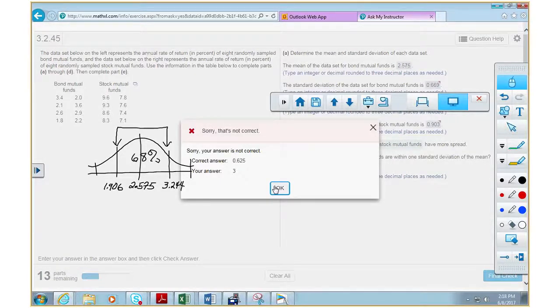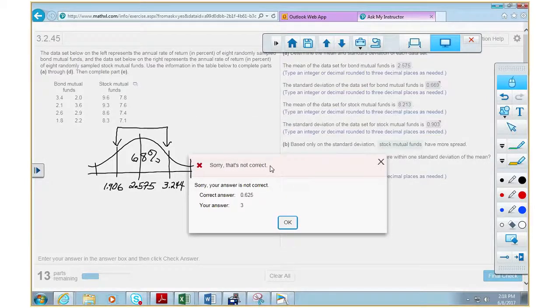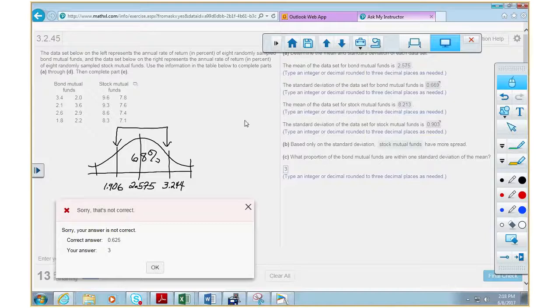All right, somebody take 3.2. I don't understand what that question is asking. I think it takes 3.244, subtract about 1.906, divided by... That's what it was doing.